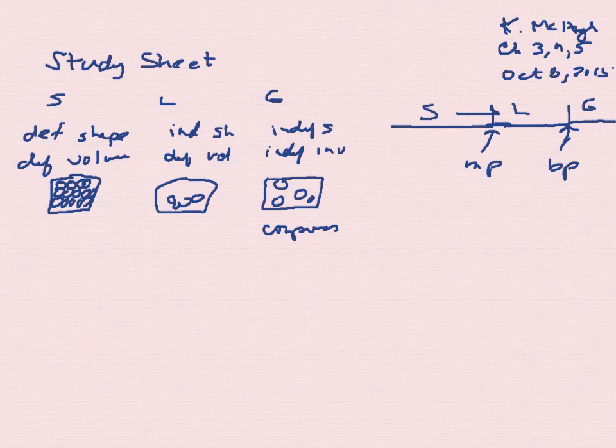You should have on your study sheet somewhere the table that shows how matter is subdivided. So matter can either be a pure substance, or matter can be a mixture. If you're looking at pure substances, what are they? Mixtures, what are those? And get specific.